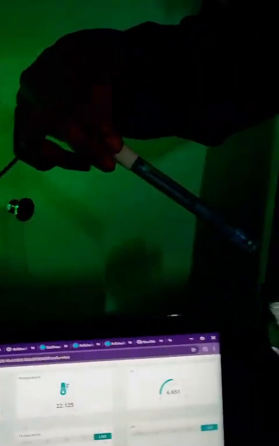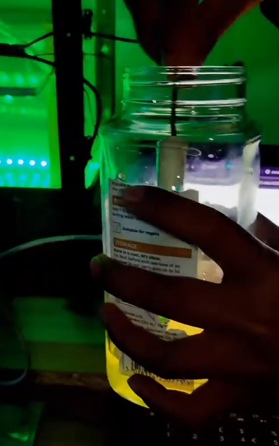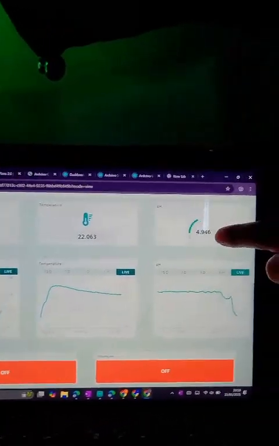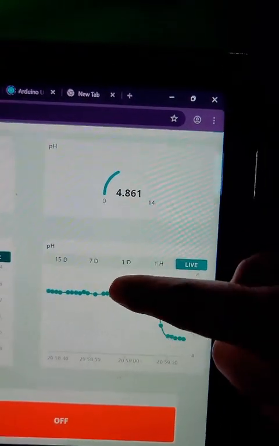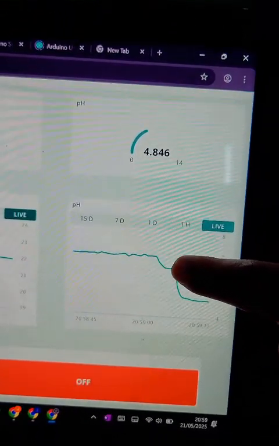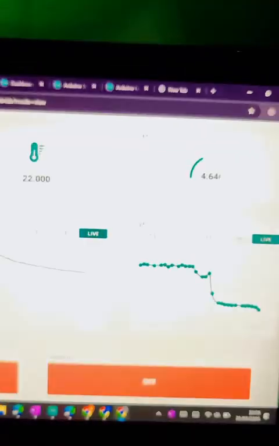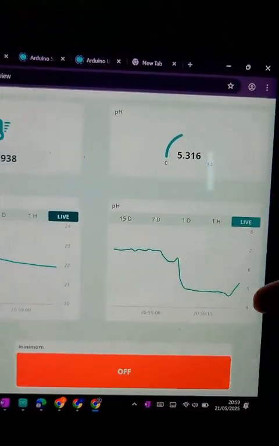The pH should go down because we know that acidic is low pH. See how it went from 7 to 4? And look how the data went from high to low. Now we're going to bring up the pH again by putting it in water so it's a little bit more neutral. You'll see that the pH goes higher like that.